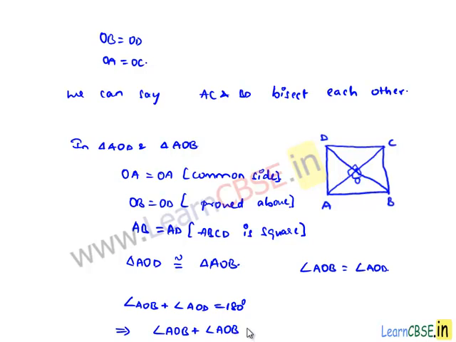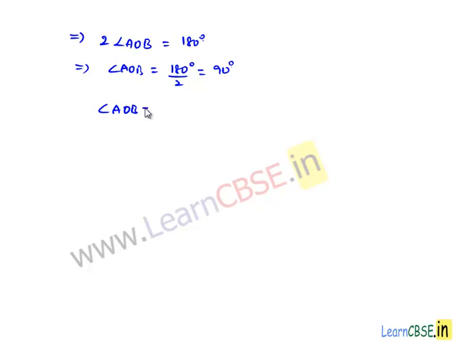Therefore we get angle AOB plus angle AOB is equal to 180 degrees. That implies 2 times angle AOB is equal to 180 degrees, which implies angle AOB is equal to 180 degrees by 2, which is nothing but 90 degrees. So here we got angle AOB is equal to angle AOD is equal to 90 degrees.